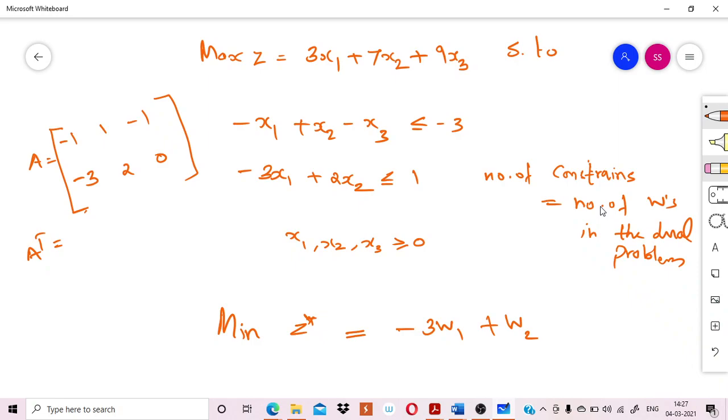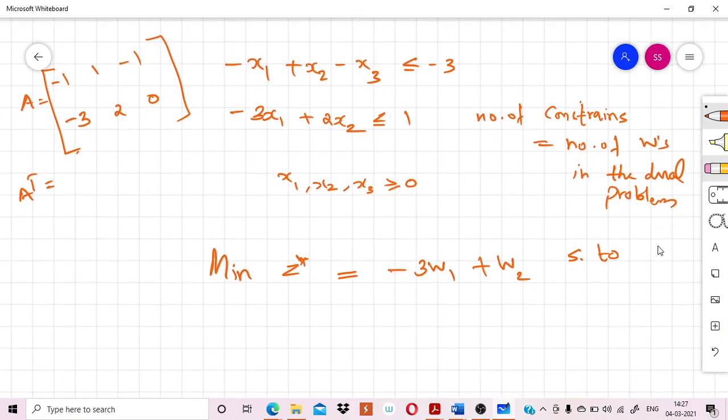So we have two constraints, so we declare two variables, w1 and w2. And subject to the constraints, the dual becomes A transpose.